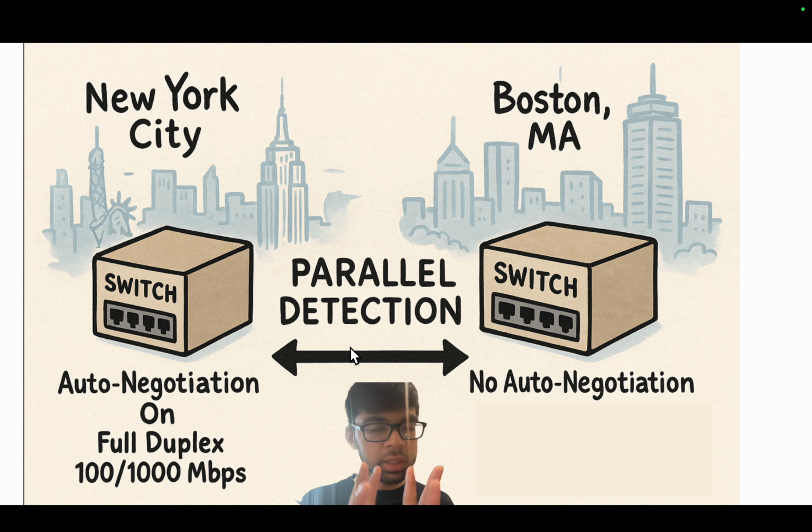Okay, but this process of parallel detection is like doing a sense check. The switch, which has auto negotiation enabled, is trying to guess: I think the other side is using 100 meg per second, and from there half duplex.